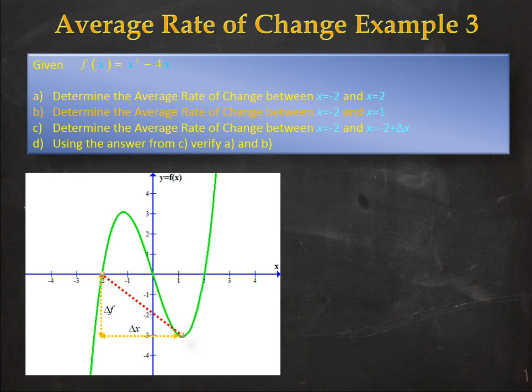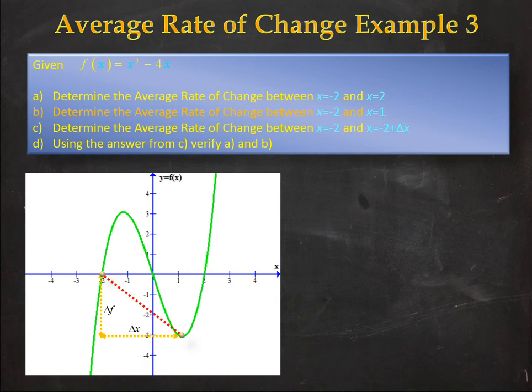And again, visually looking at the graph, we see that delta x, which goes from minus 2 to 1, has a value of 3, whereas my value of the function goes from 0 to minus 3, so it actually has a change of minus 3.